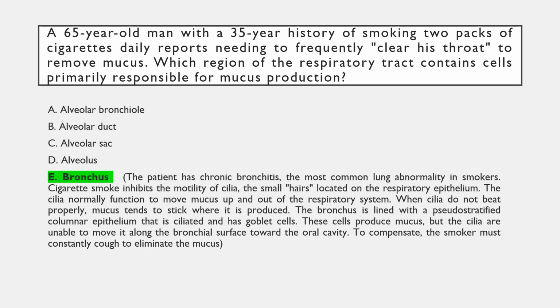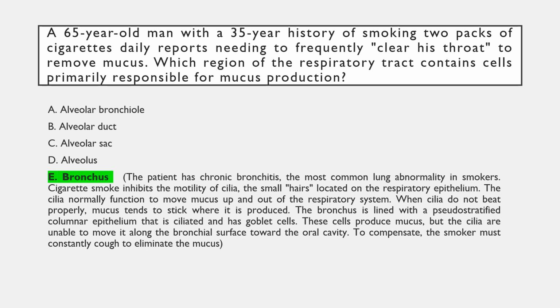The bronchus is lined with pseudostratified columnar epithelium that is ciliated and has goblet cells. These cells produce mucus, but the cilia are unable to move it along the bronchial surface toward the oral cavity.